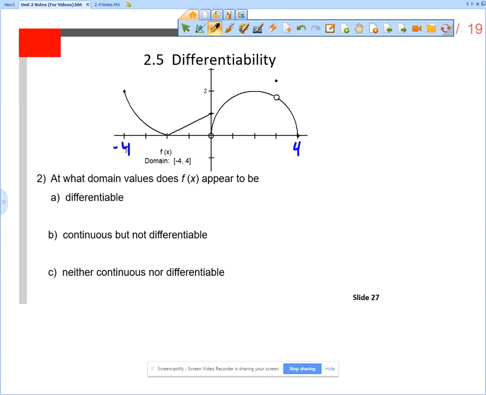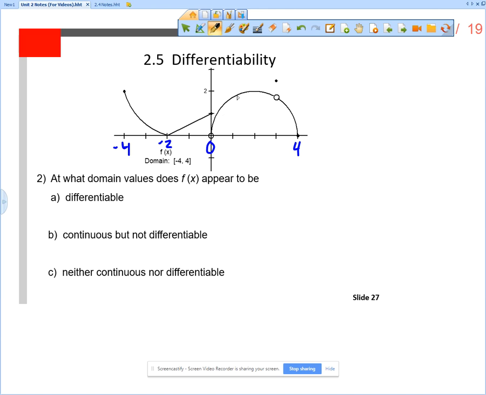Then we want to look for corner points, cusps, vertical tangents, and/or lack of continuity. Right here at -2, we have a corner point. See how that's kind of a sharp turn? It is not smooth there. Then at 0, we have a jump discontinuity.